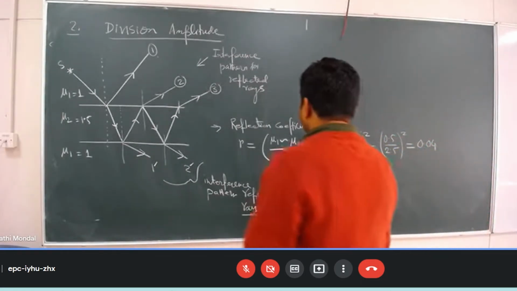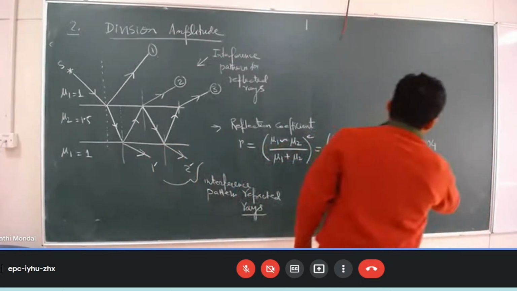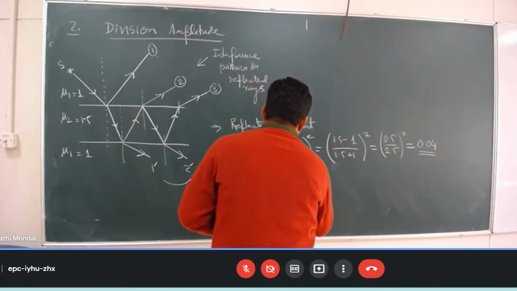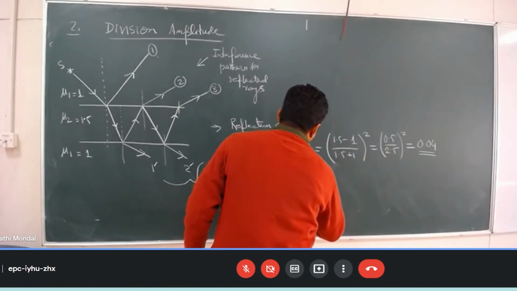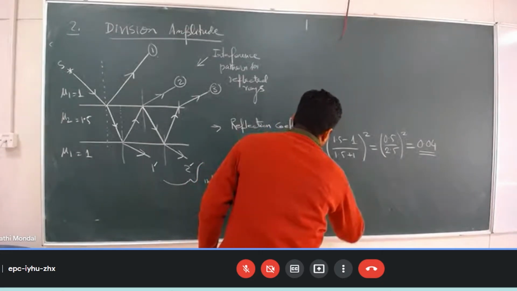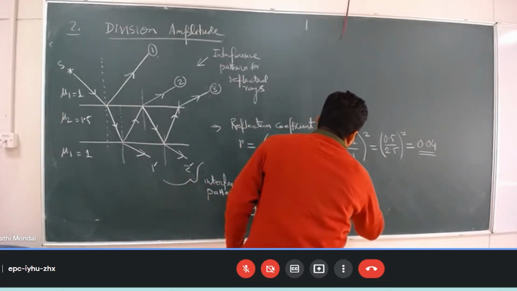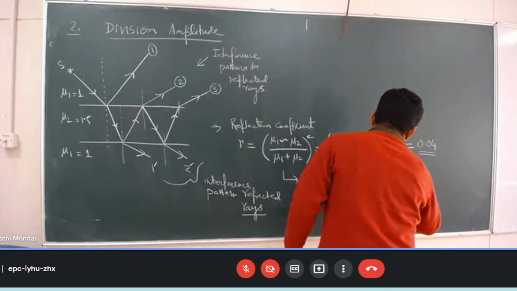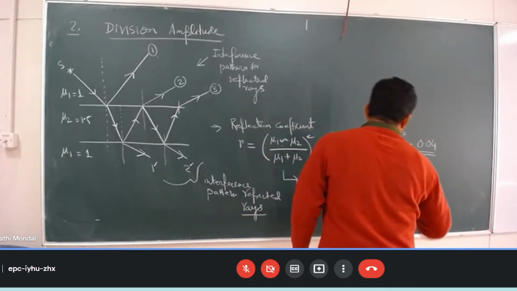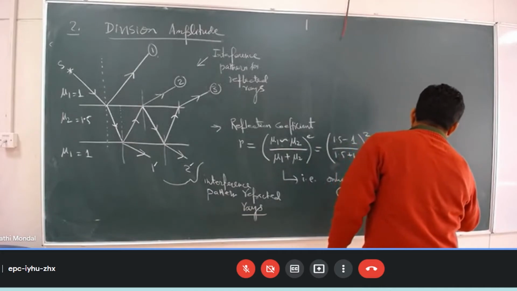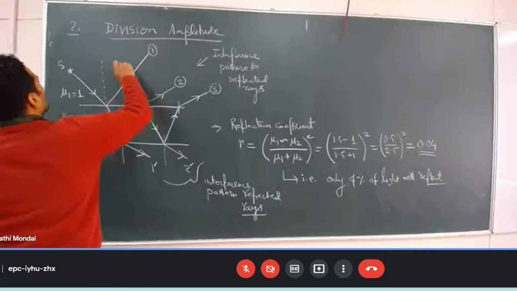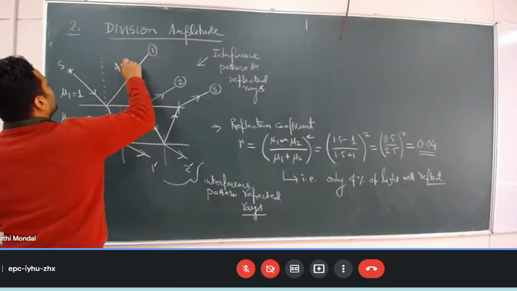So the reflection coefficient is 0.04, which means only 4% of light will reflect. So 4% will reflect here.